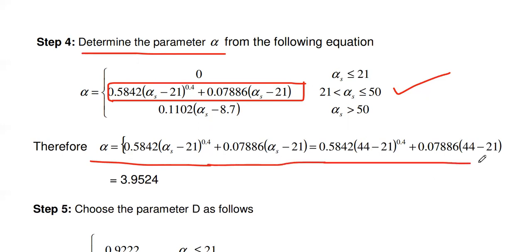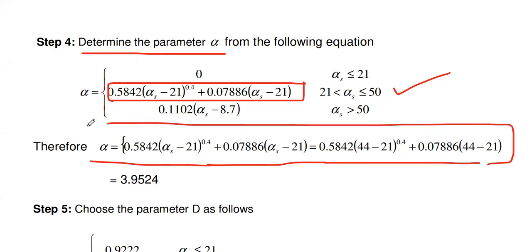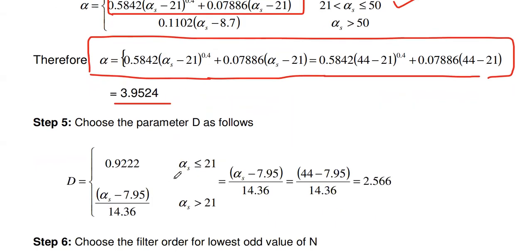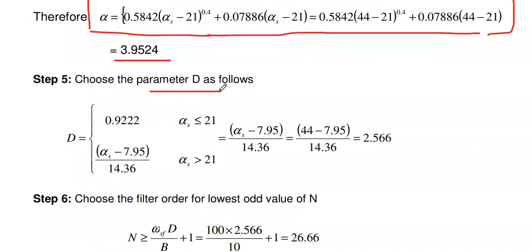Then alpha s value we are substituting, it's 44. So after substituting, we calculate alpha as 3.9524.